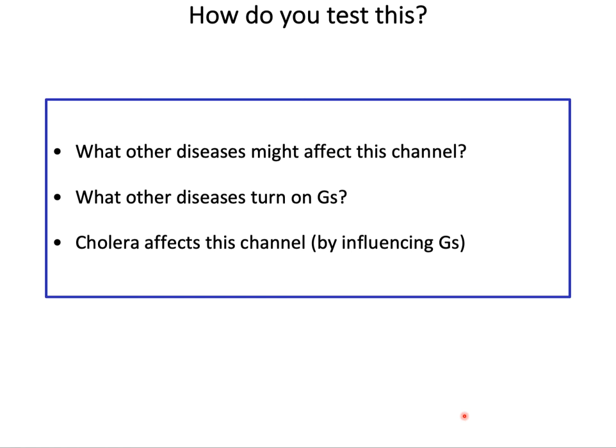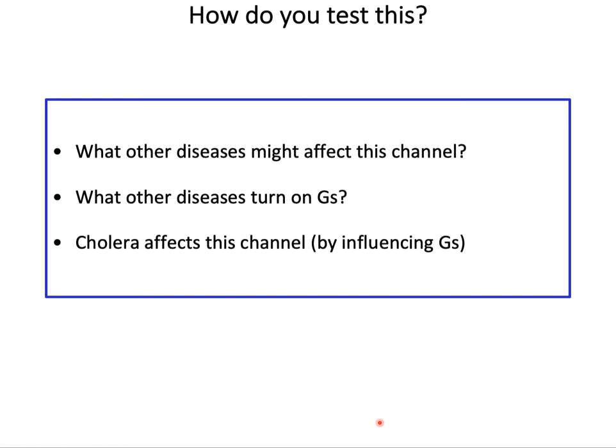And so you have to ask the question, are there any infectious diseases that might affect the CFTR channel? Or more specifically, are there any infectious diseases that might influence signaling from stimulatory G proteins, which in turn would influence the function or activation of the CFTR channel? And in fact, we talked about this in the first part, and that's cholera.